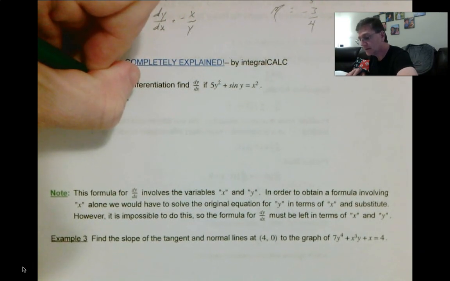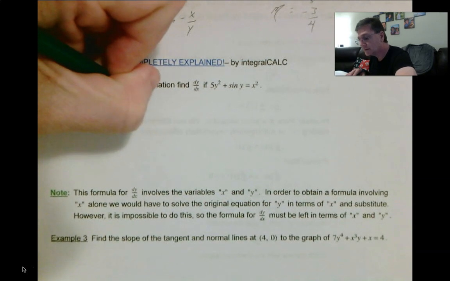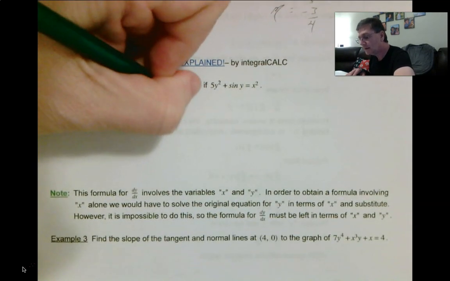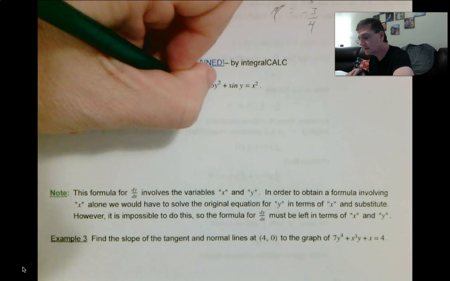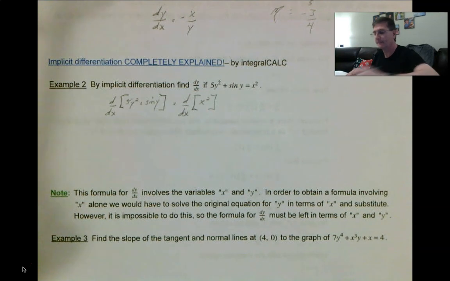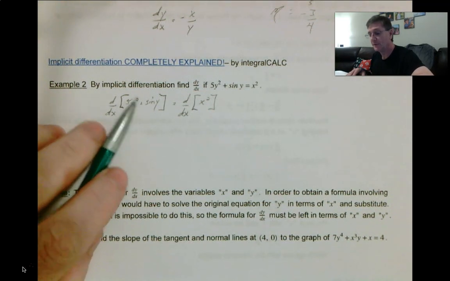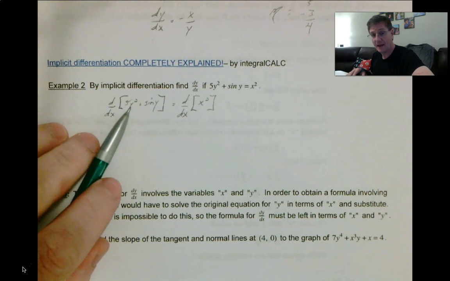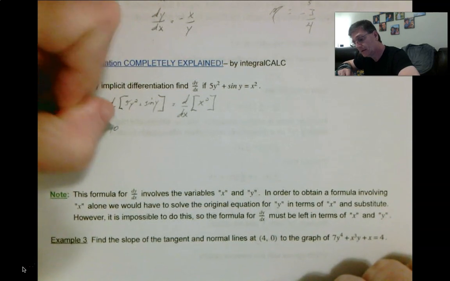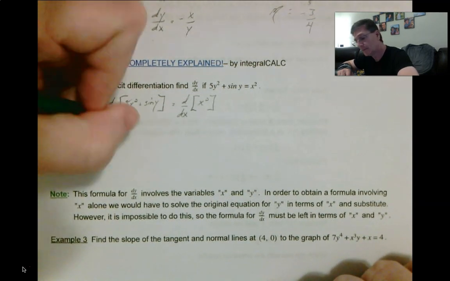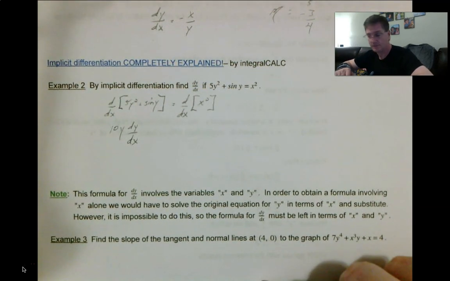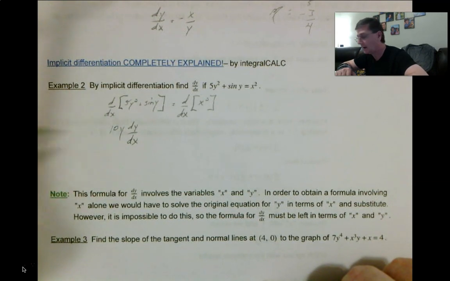d/dx of the left-hand side, 5y squared plus sine y, equals d/dx of the right-hand side, which is x squared. Okay. Left-hand side, this is a power rule and a chain rule. So we have 10y to the first power dy/dx times the derivative of the inside function, which in this problem is y.